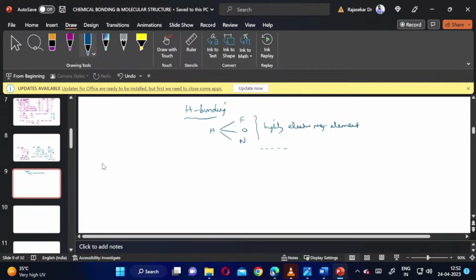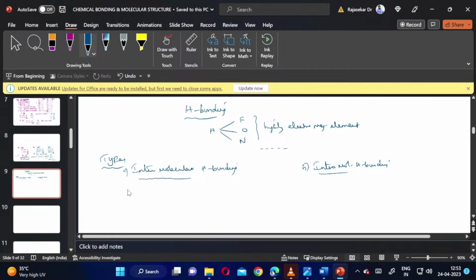Okay, so we have 2 types. What are the 2 types? Intermolecular hydrogen bonding and intramolecular hydrogen bonding.